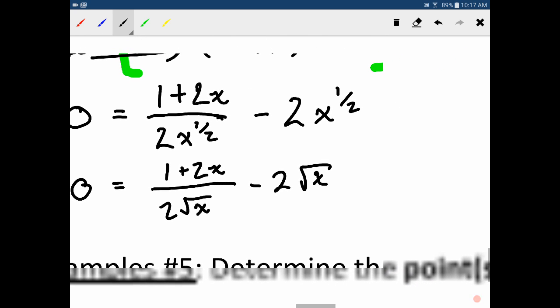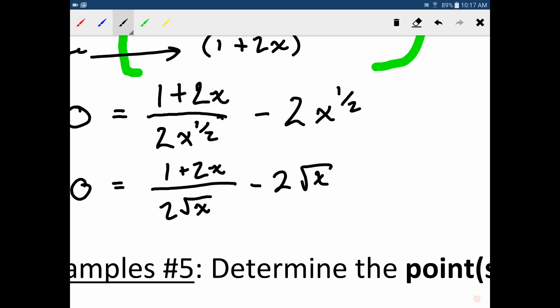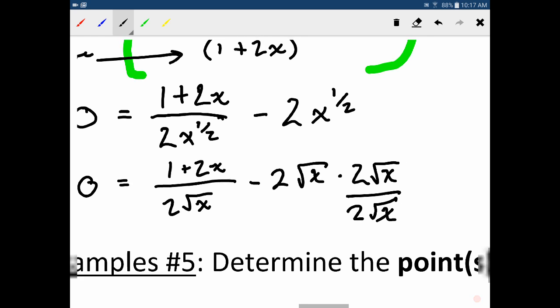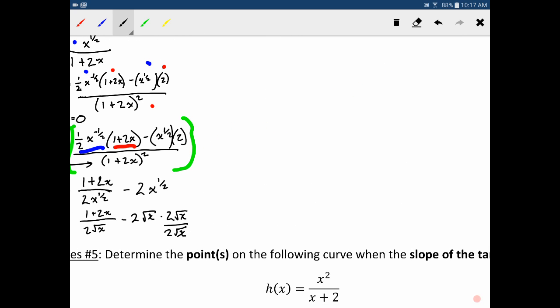Now there are other ways you can do this, but I think the simplest thing is to put this over a common denominator. So I'm going to multiply this by 2 root x over 2 root x. I'm just multiplying the second term by that, and what that's going to do is give me a common denominator of 2 root x.